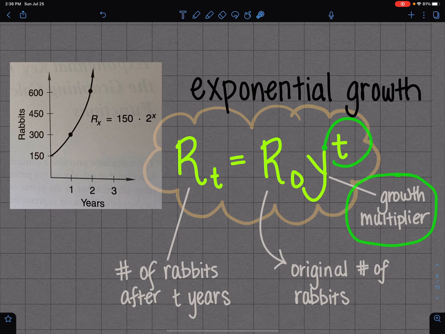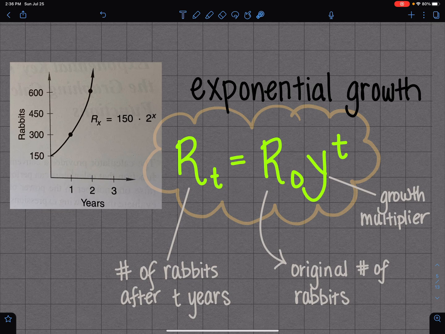And then this t is the time frame, after t years in this example. Okay, so I want you to memorize this equation because we're going to use it every time there's exponential growth. So your original number multiplied by your growth multiplier, and don't forget the t, that's what tells you that it's exponential growth. You're raising it to an exponent.